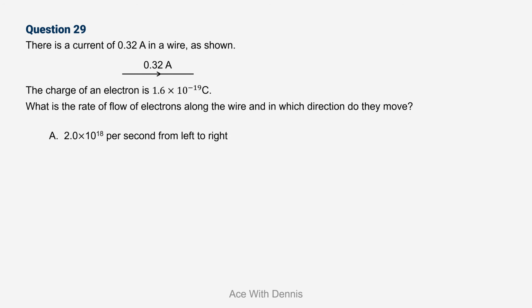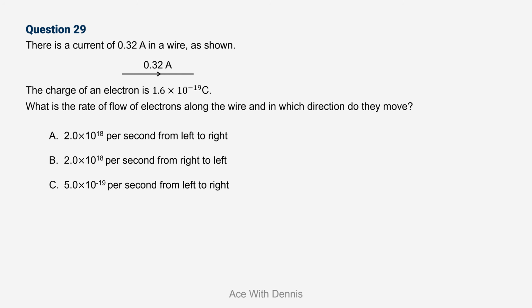A. 2.0 times 10 to the power 18 per second from left to right. B. 2.0 times 10 to the power 18 per second from right to left. C. 5.0 times 10 to the power negative 19 per second from left to right. Or D. 5.0 times 10 to the power negative 19 per second from right to left.